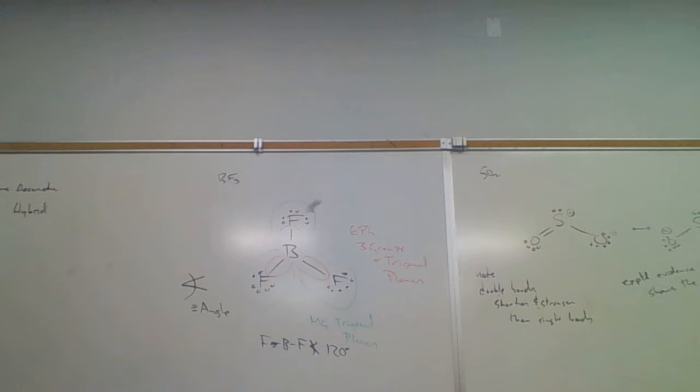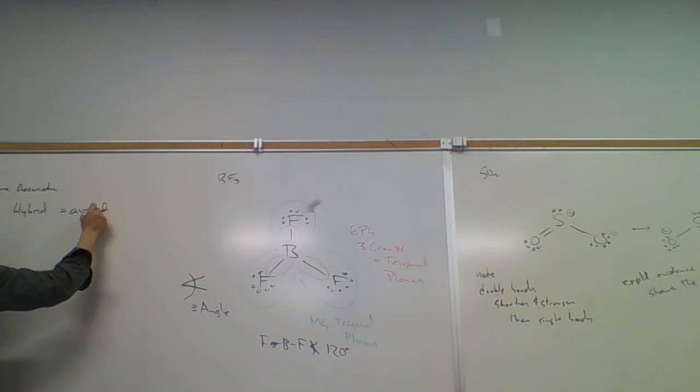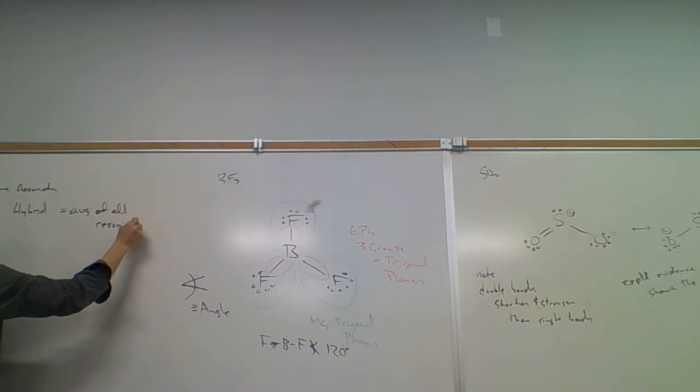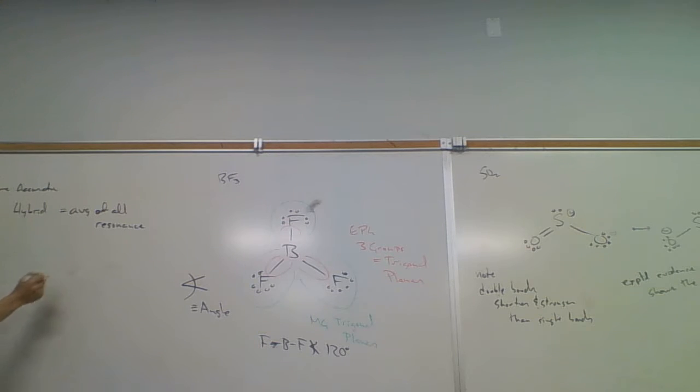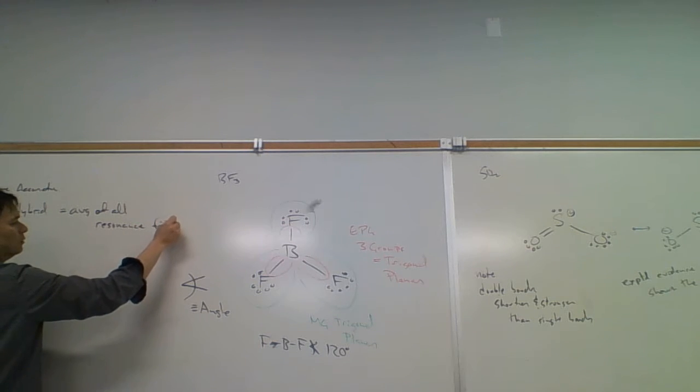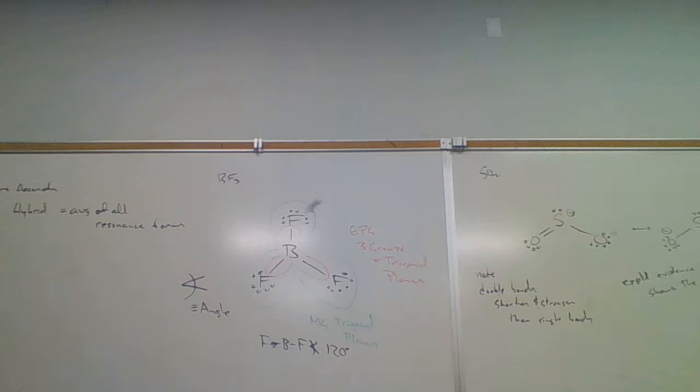The hybrid is just the average of all resonance form structures. And so rather than having a double and a single and a single and a double, in the hybrid, what they have is a 1.5 bond to each oxygen. So this is a 1.5 bond.